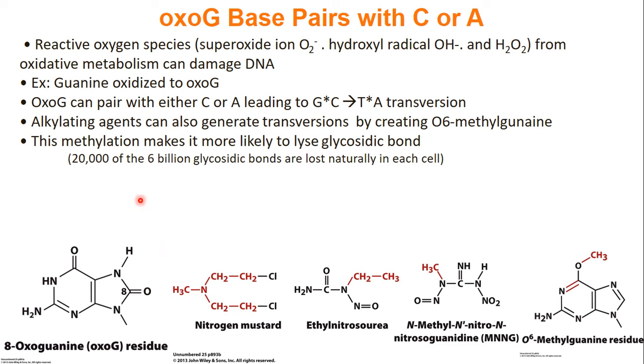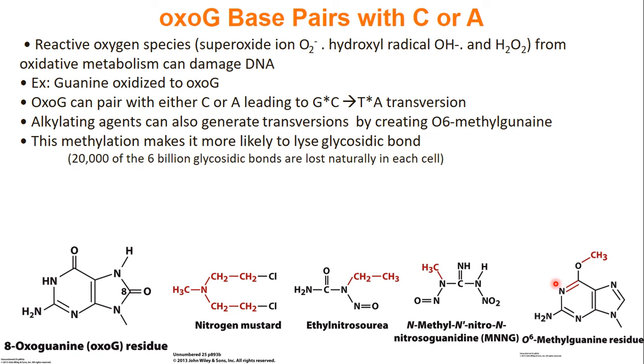You can also have alkylating agents that will generate transversions by creating O6-methylguanine. These are nitrogen mustard, ethyl nitrosourea, or N-methyl-N'-nitro-N-nitrosoguanidine, MNNG, and they will add a methyl to your guanine residue.